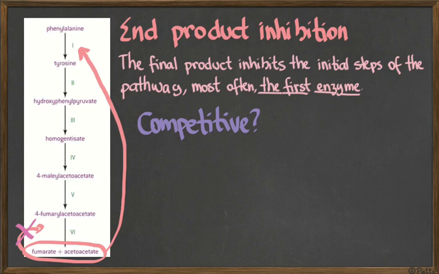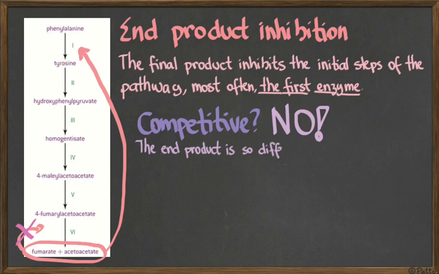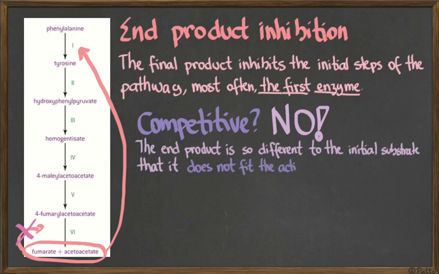So fumarate and acetoacetate do not fit into enzyme number 1. So no, not competitive. Okay? The end product is so different now, it has been changed so much by so many other enzymes in the middle with many chemical reactions, that it doesn't fit the active site anymore, so it cannot compete with phenylalanine, so it cannot hold down this chemical reaction.